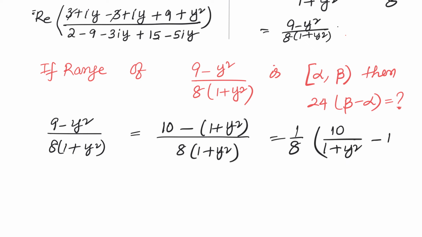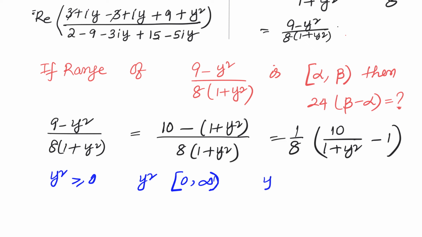Now this will make our job easy because we know that y square is always non-negative. That means y square is greater than or equal to 0 and it can go up to infinity. So let us take both scenarios: one where y square is 0, another where y square is infinity.